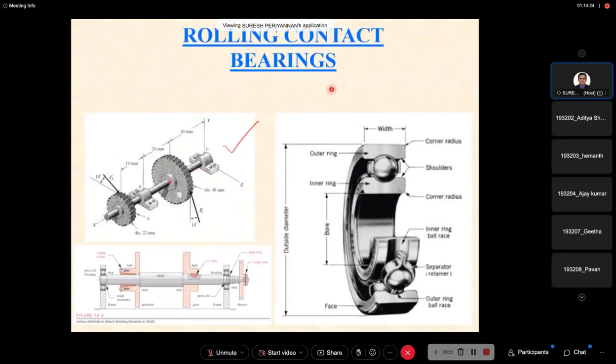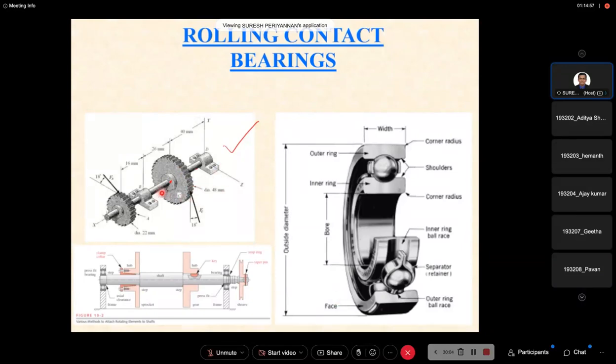The rolling contact bearing is also called an anti-friction bearing or ball bearing. Now, what is its function? We will discuss some functions, then go deeper into the rolling contact bearing. The bearing ensures free rotation of the shaft or axle with minimum friction.